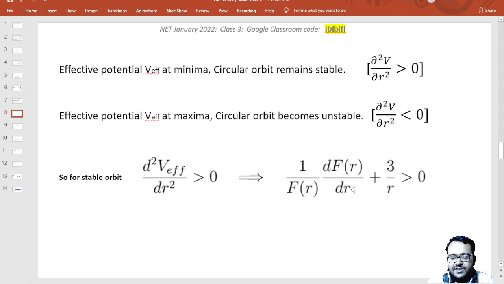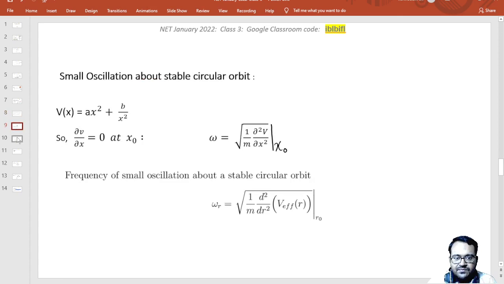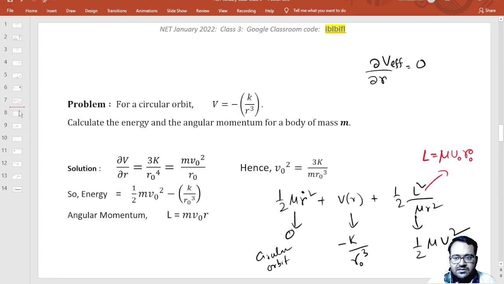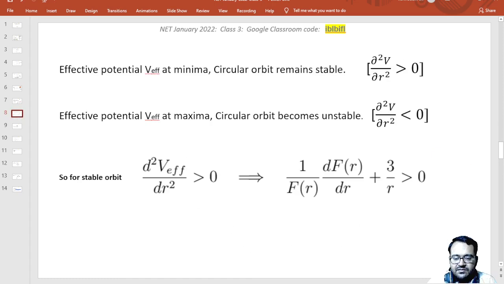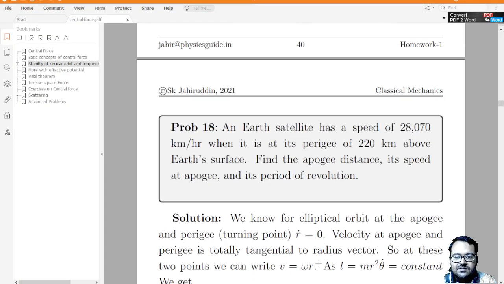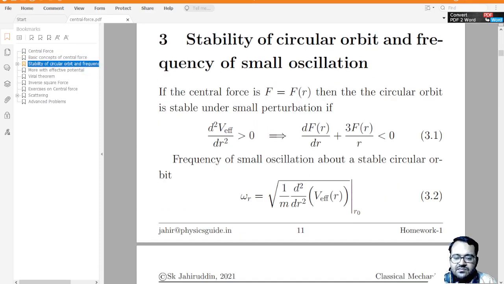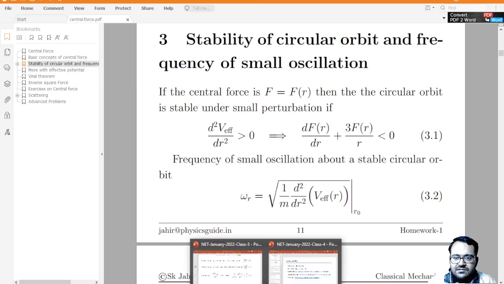From here, be careful not to mess up with the signs: 1 by f r, df dr plus 3 by r, greater than 0 or less than 0. Sometimes there will be a confusion. I always face this confusion. This is my updated note I was working on there. This should be less than 0.